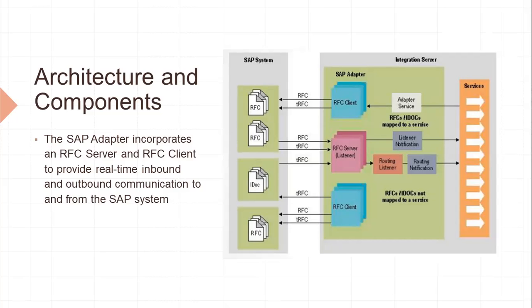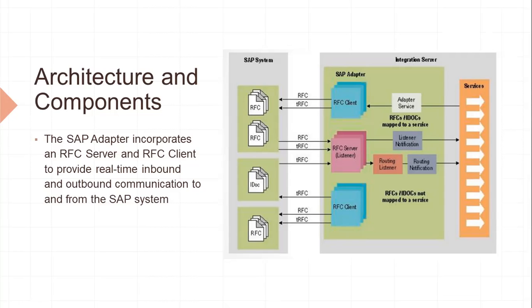You must also configure this SAP adapter to have an RFC listener. We need the RFC listeners to listen on the RFCs, and we also need to have listener notifications. So whenever some function is invoked on the SAP system, the RFC listener will listen to that and invoke a notification.